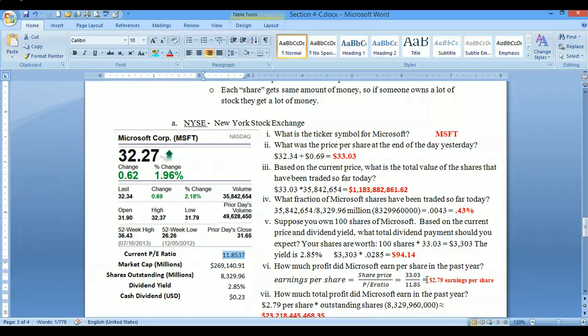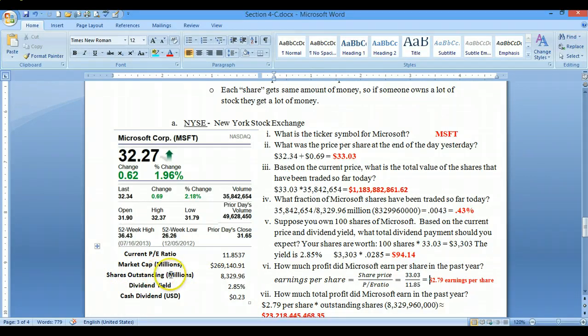The next question, how much total profit did Microsoft earn in the past year? Well, if Microsoft earned $2.79 for every share, we should multiply that by the number of shares to figure out their profit for the entire year. So, how many shares? Here we go. We already used it once.